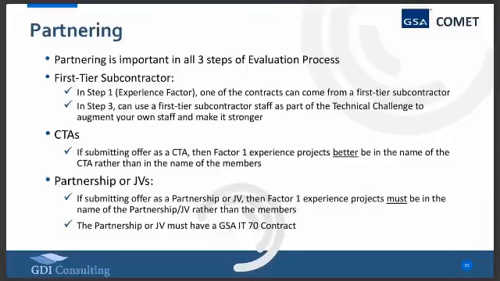You have to have the best people in that team that participates, that 10-man team. And here again, GSA has allowed you to use people from your first-tier subcontractor. So if you have a really good software programmer or whatever from your first-tier subcontractor, you can use them. So this is a good place to actually use them.